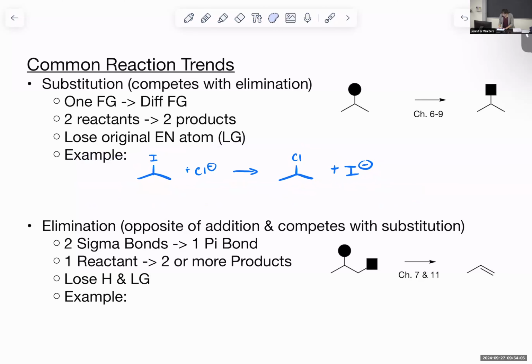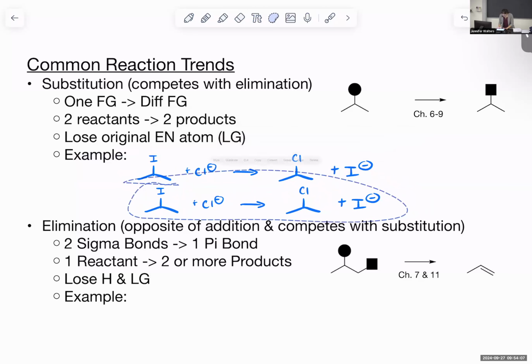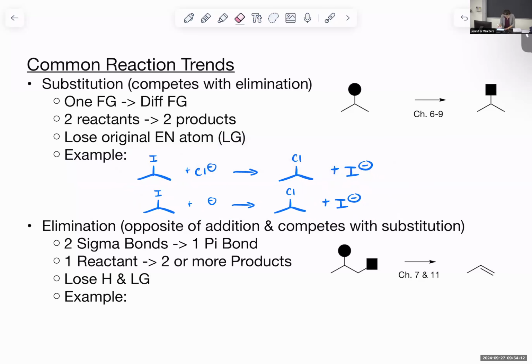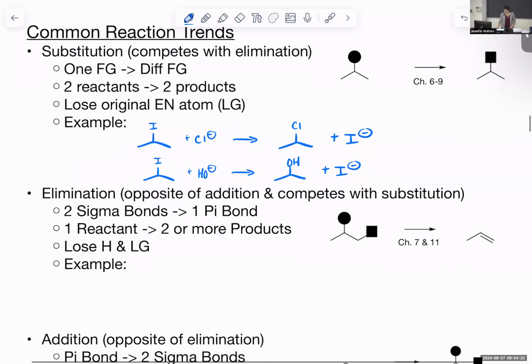The challenge with this is that our reagents sometimes are exactly the same as what we will see with elimination. So substitution is going to compete with elimination at times.